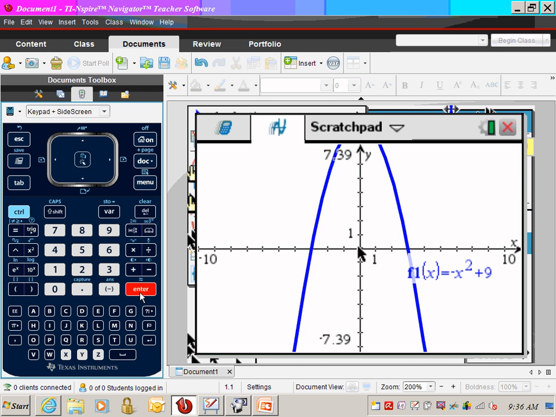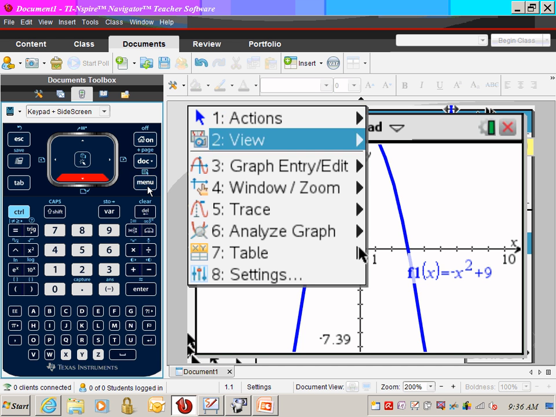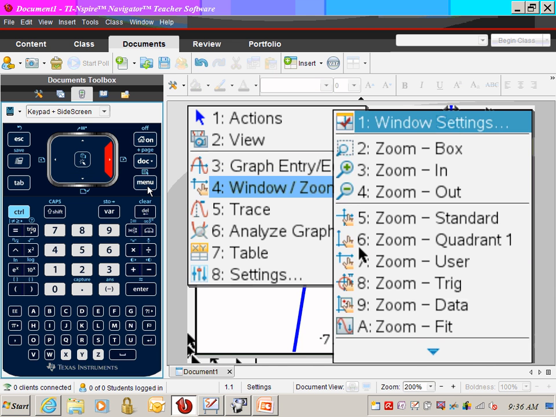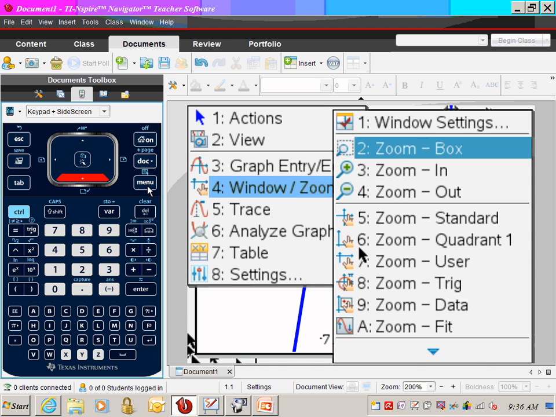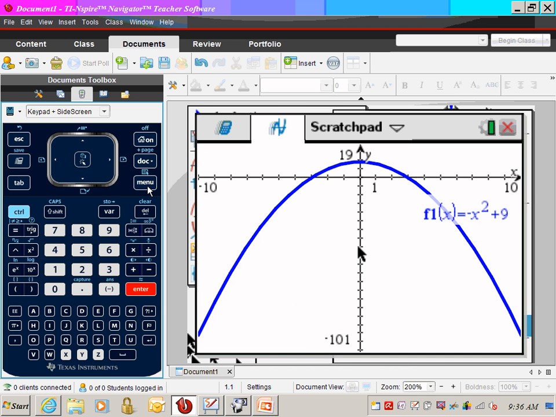Can we see the vertex? Okay, there are two options that we can do. One option is we can go to Menu, we can go to Window Zoom, and go down to Zoom Fit. That's going to show us our vertex.